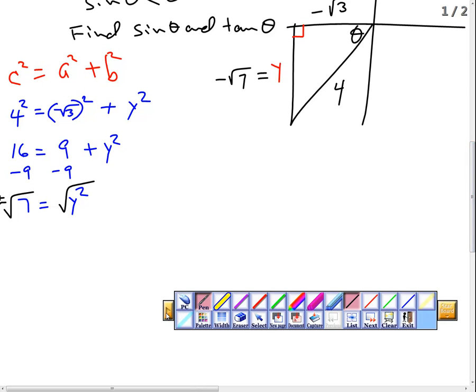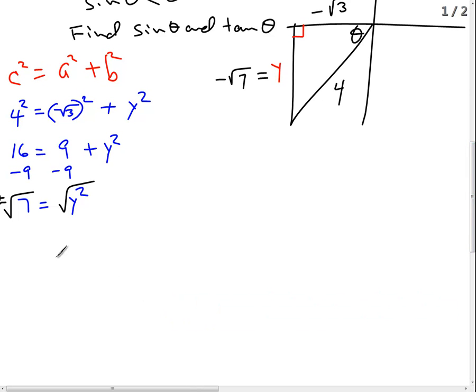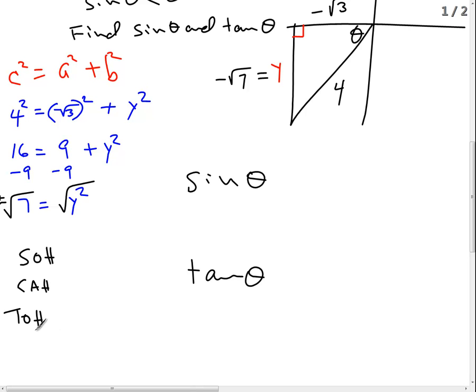All right, now we're ready to come up with our ratios. We're just trying to get sine theta and tangent theta. Knowing our SOHCAHTOA memory device, come up with the values for sine and tangent.